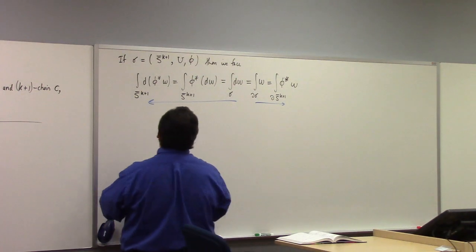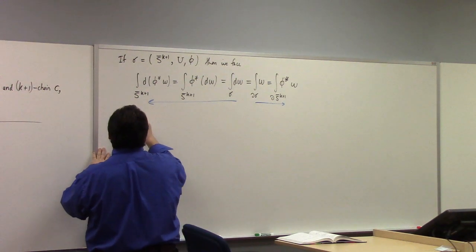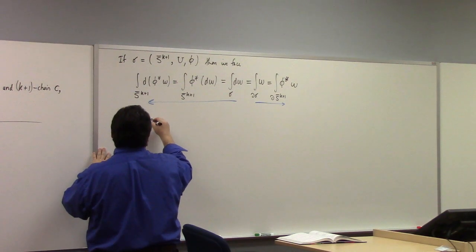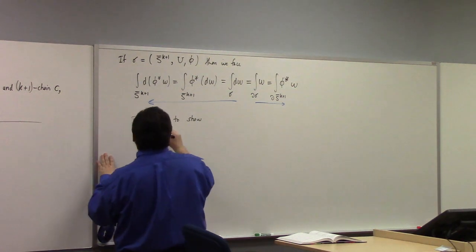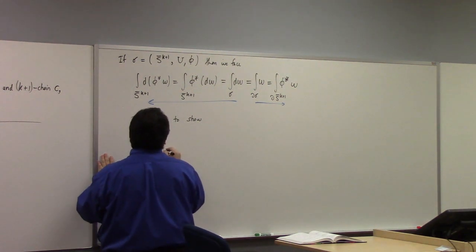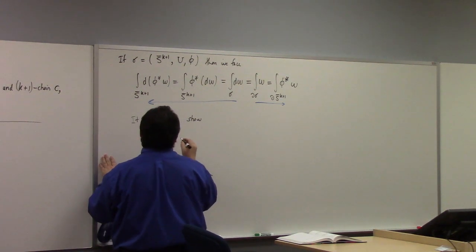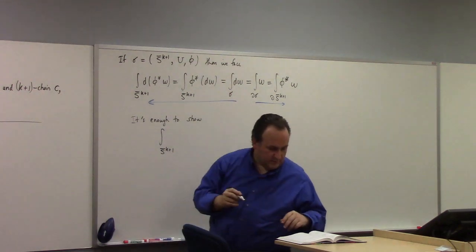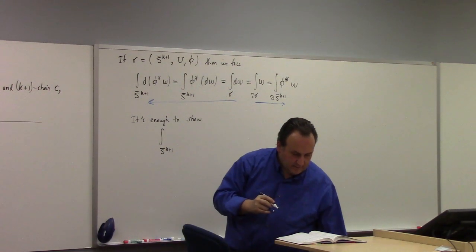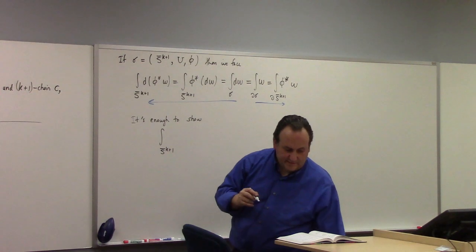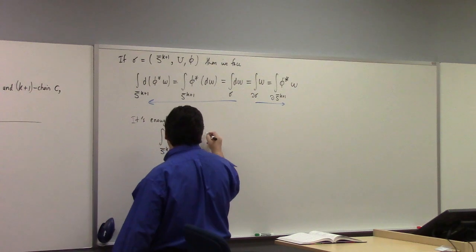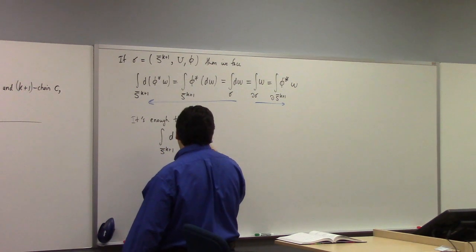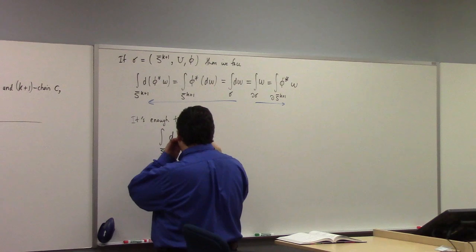So long story short, it suffices then, it's enough to show that the integral over S bar k plus 1 of, let's see here, which one do I want to do? Which one is the easier one to pick at? Oh, I see. Well, d lambda is equal to the integral over lambda of the boundary of S bar k plus 1.